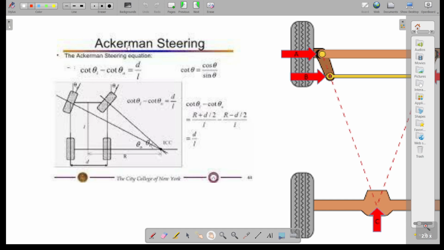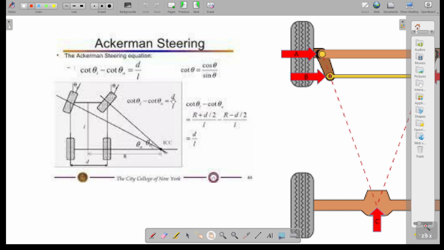The mathematical steering equation developed by Ackermann was cot theta I minus cot theta O equals d by L. Here d is the distance between the wheels, and L is the distance between the rear and front wheels, while the distance between the rear wheels or the front wheels is common.